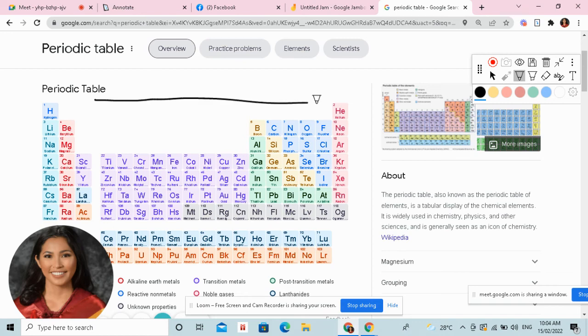As we go across the periodic table, the atoms get smaller. As we go across the periodic table, the atomic size decreases. So, which is the largest of the three? Carbon, next is nitrogen, then we have oxygen.